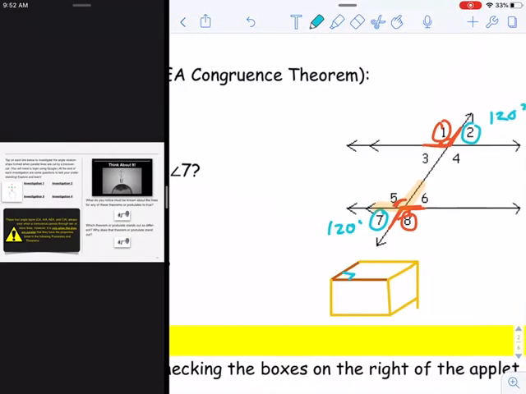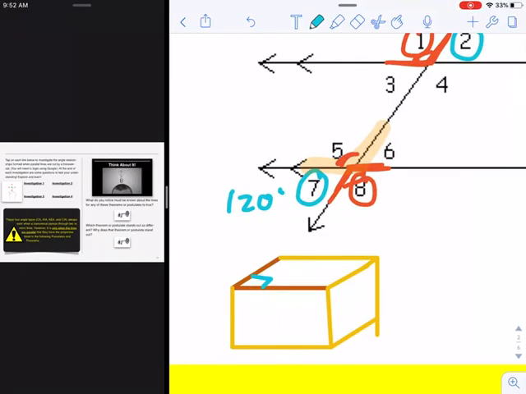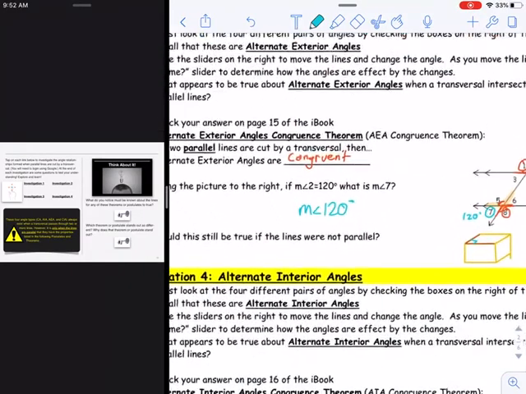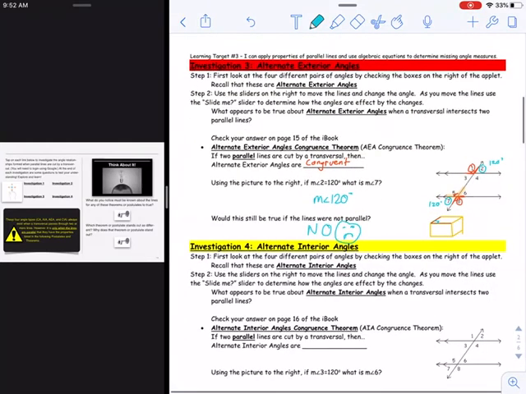So there's always some perspective in this class. Maybe you're just looking at this picture from a funky angle, and it in fact is 120 degrees. But anyways, would the alternate exterior angles congruence theorem be true if lines were not parallel? And again, the answer is no.